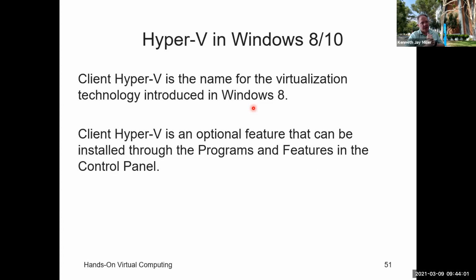The next one we're going to talk about is Hyper-V, which in our Workstation version is known as Client Hyper-V. So Client Hyper-V is integrated in our operating system. So I'm going to stop this share, and I'm going to share my other screen because I'm going to show you what this looks like.